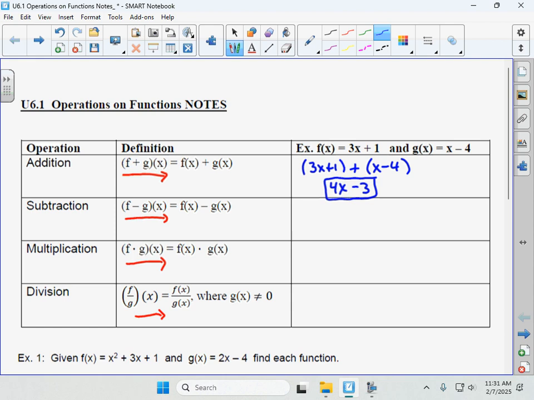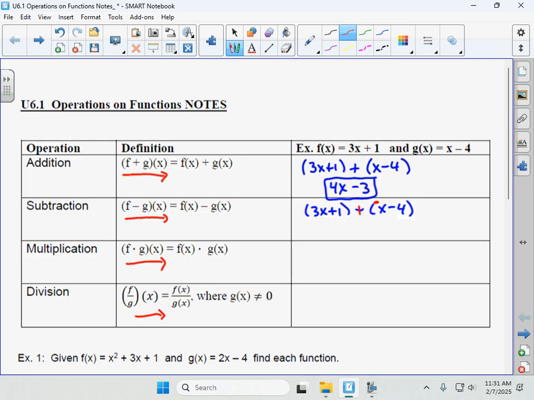Now, when we have subtraction, again, we have these 2 functions, same thing. So we have 3x plus 1, and we're going to subtract off the g of x function, which is x minus 4. Now, this is where a lot of people struggle. If you don't put the parentheses on that second term, you'll forget the subtraction, because we want to make sure that we change that subtraction to addition and distribute the negative.